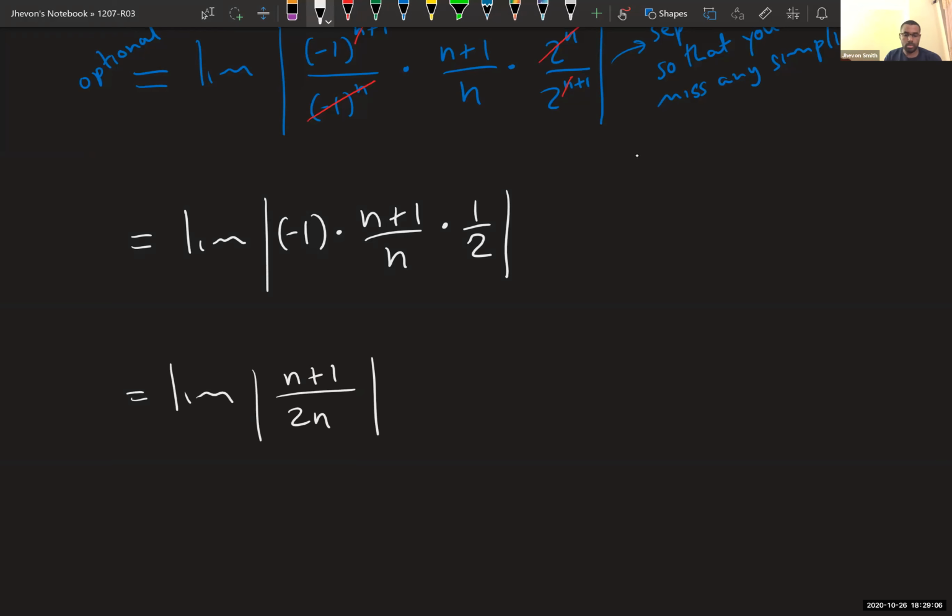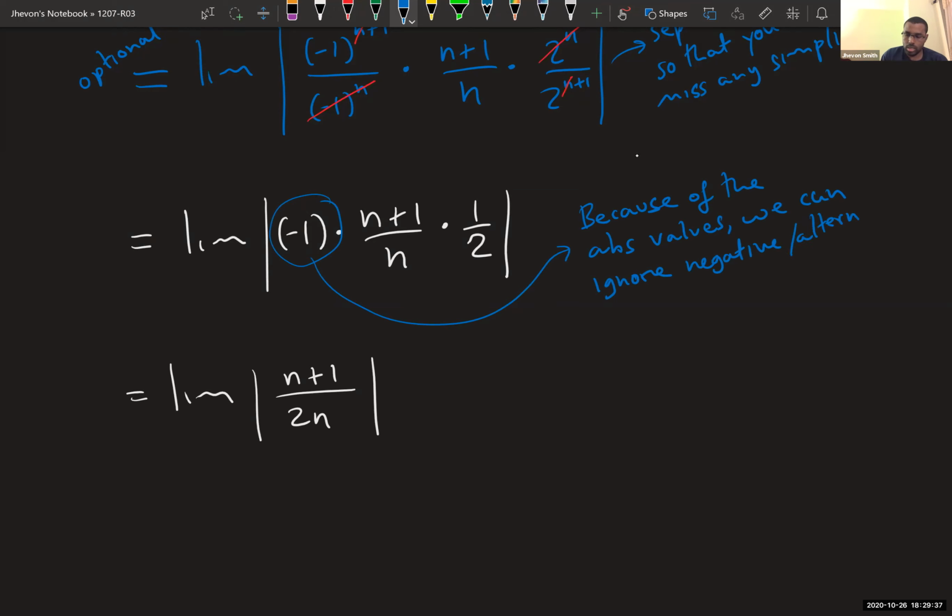Another pro tip here: because of the absolute values, we can ignore negative or alternating signs in this test.